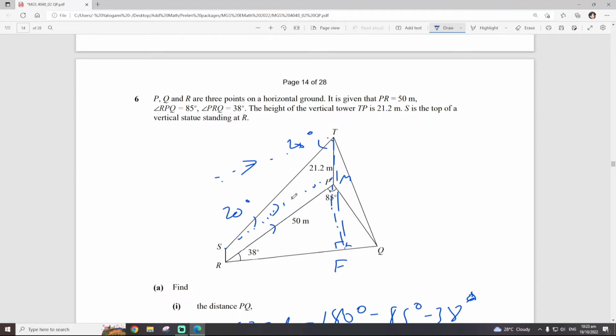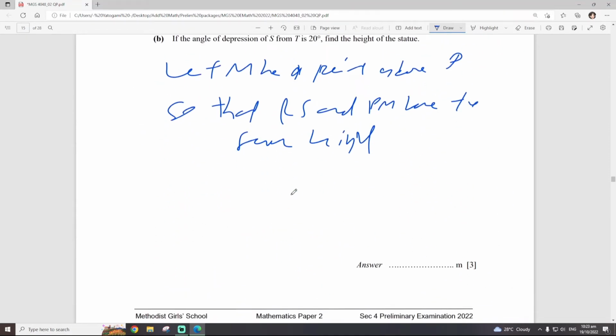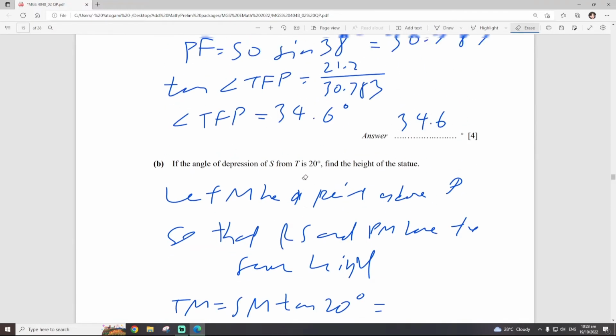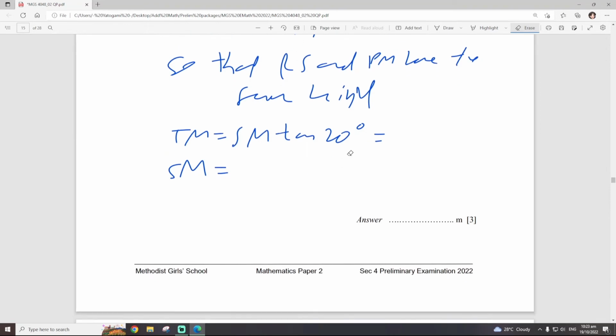Sorry about that. So TM is SM tangent 20 degrees. So SM, by the way, is the same as RP, so 50 tangent 20 degrees.